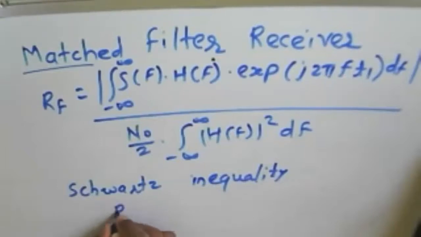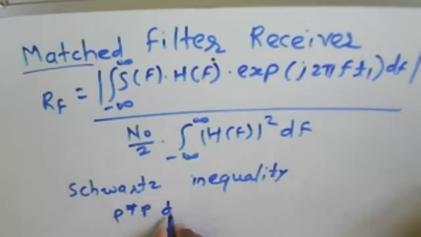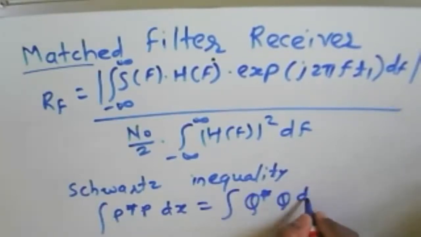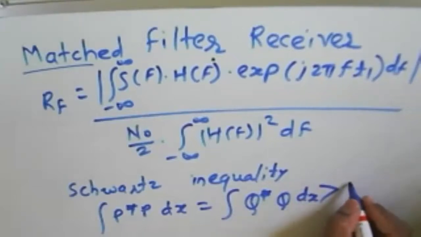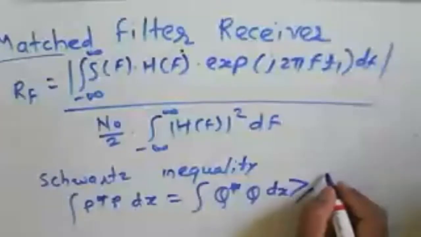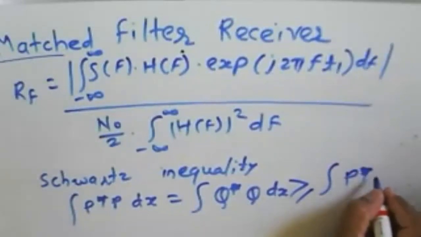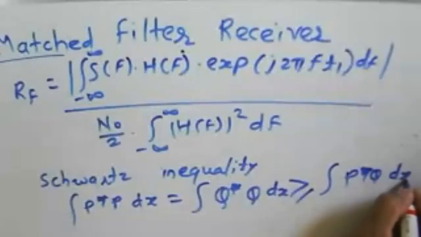If we have p and q, both complex functions, then the integral of p complex conjugate times dx, with equality when p is q complex conjugate, will be greater than or equal to the integral of p and q dx. That is the maximum of this one.